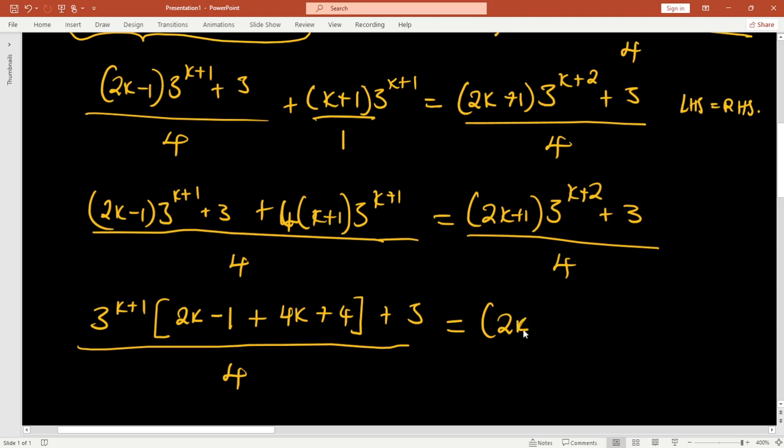So (2k + 1)·3^(k+2) + 3 divided by 4 here.